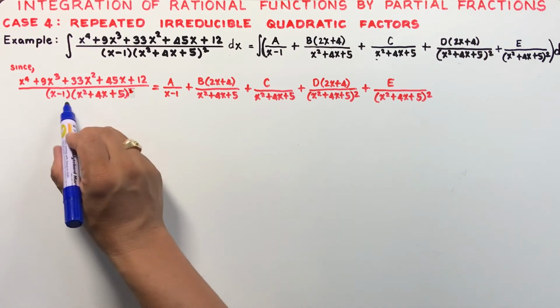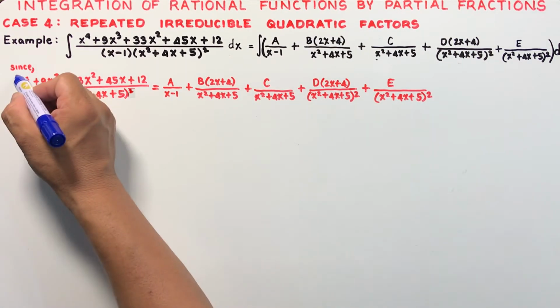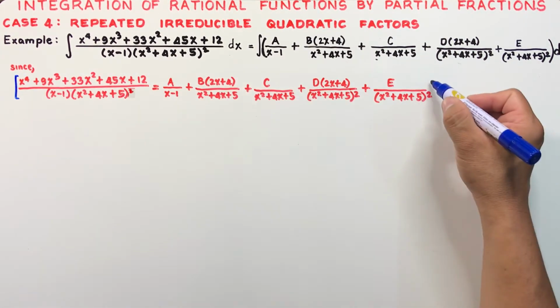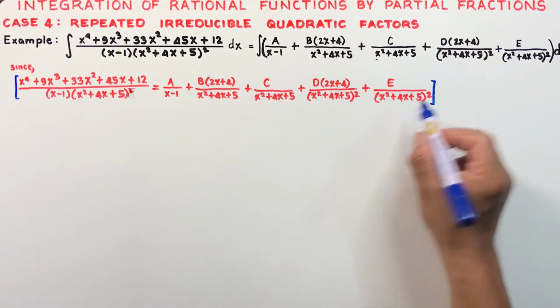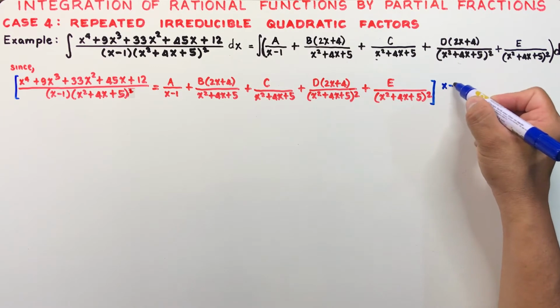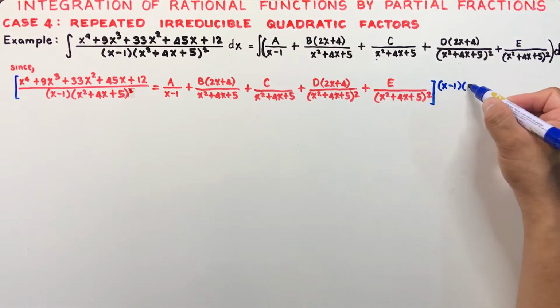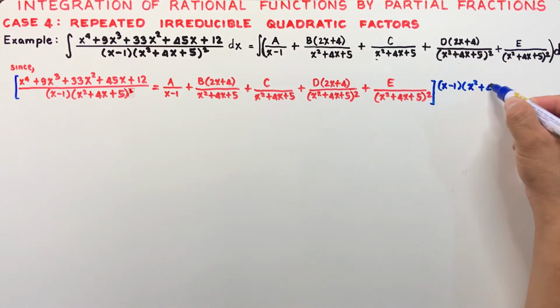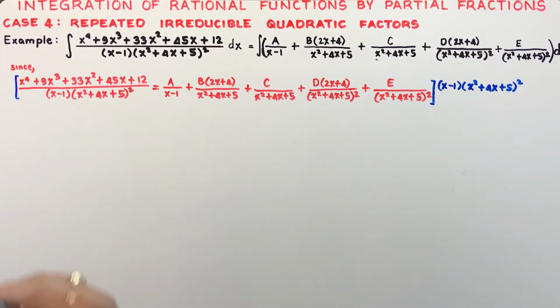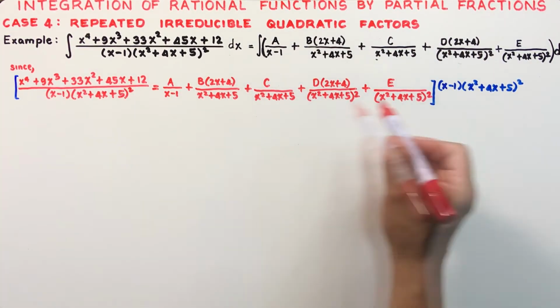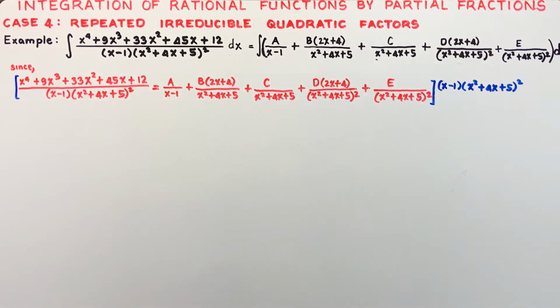And to eliminate these denominators here, we have to multiply both sides of the equation by the LCD, which is (x minus 1) times (x squared plus 4x plus 5) quantity squared. Multiplying this fraction by this expression, this denominator cancels.